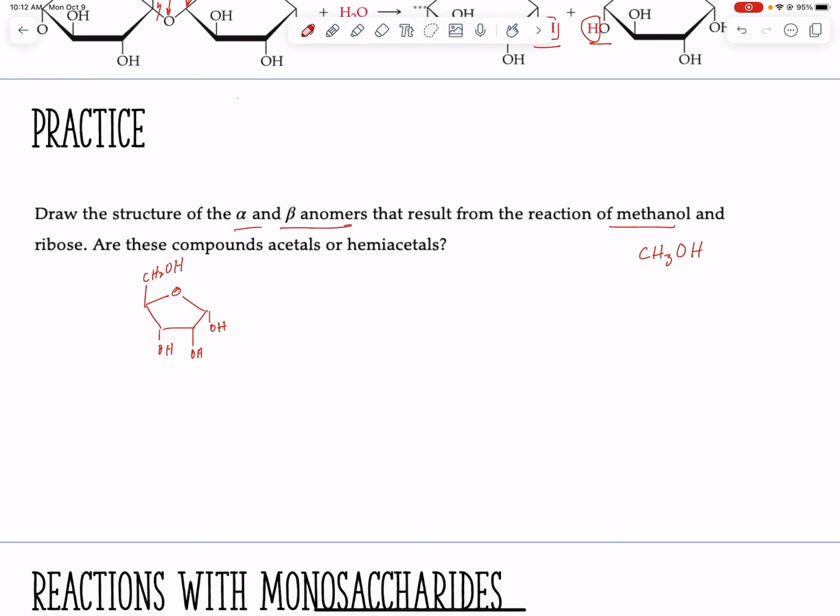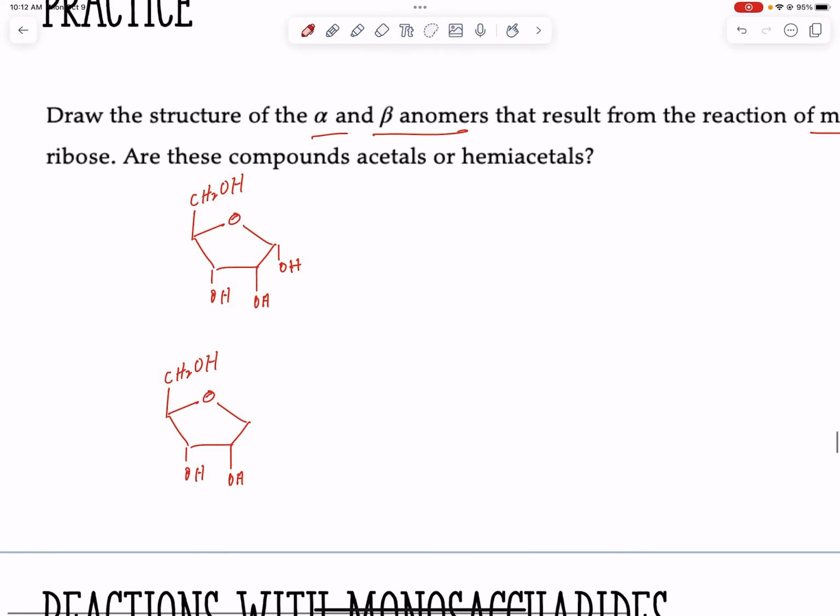All right. So I've only drawn the alpha, and I probably need to redraw the beta. Let me see if this will work. Copy. Will that work? Looky there. So to give you the beta as well, I'm going to erase the orientation of the hydroxyl group on carbon 1 and put it up.